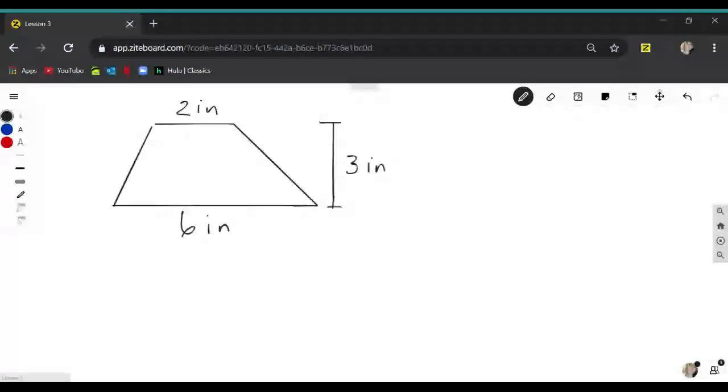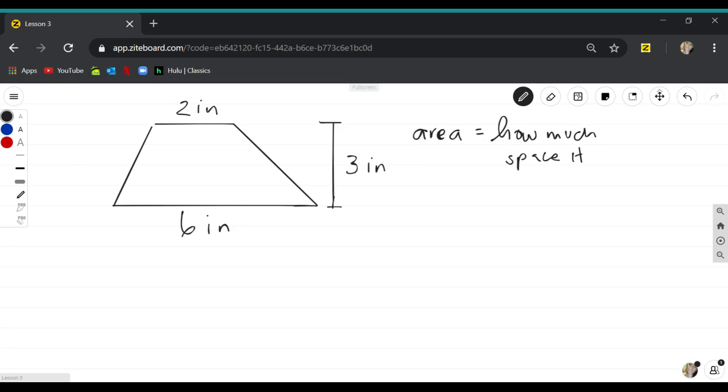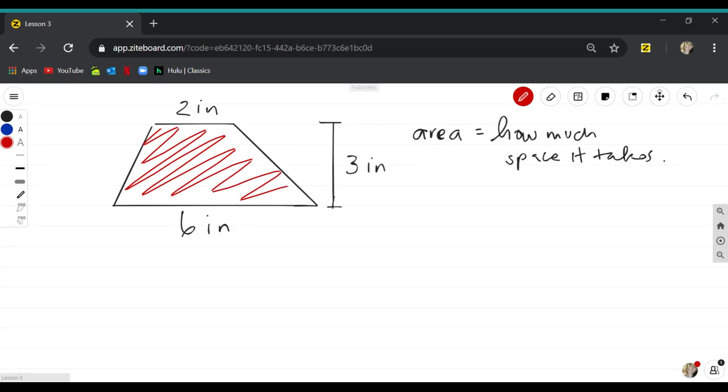I want to find out the area. The area of anything is how much space it takes. Feel free to take notes. So we're trying to find out how much this is. That's what we want to find out.